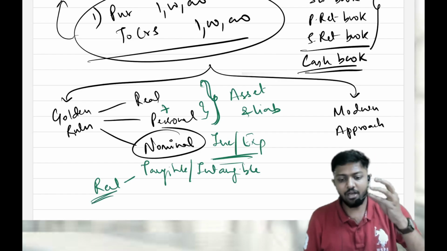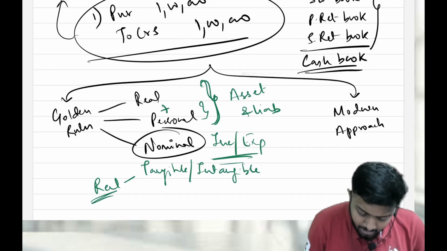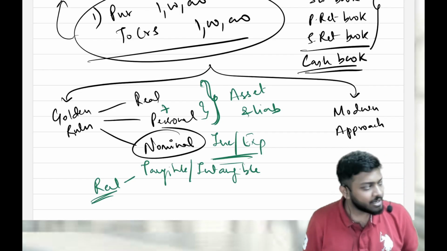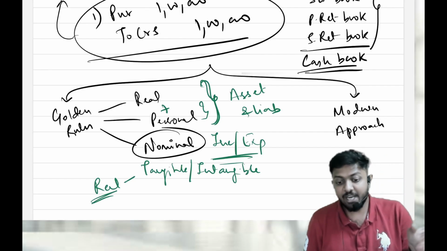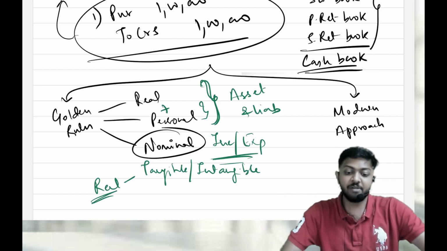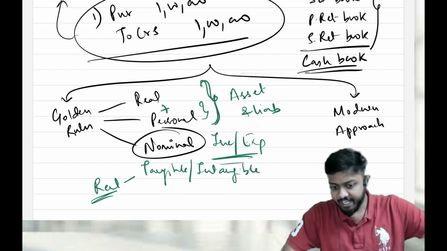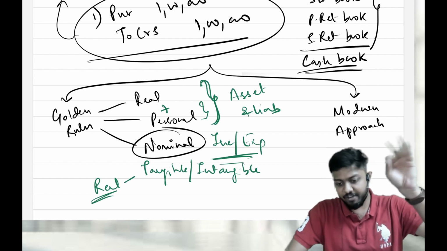What will come in personal? In personal account, those accounts which are represented by a person. A person can be natural or artificial. Artificial person includes other companies, partnership firms, any other business entity, and trusts also.